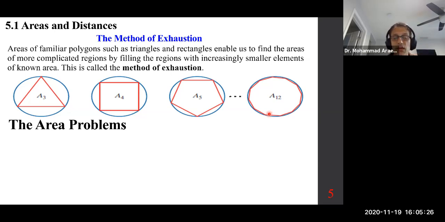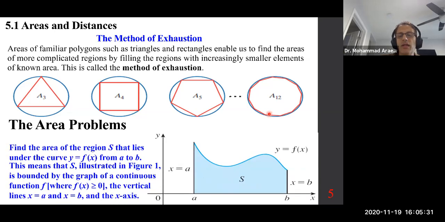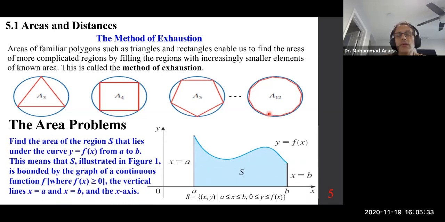We use the same thing for the area under the curve. If we have a geometric shape, we can use a geometric formula. If we don't, then how do we calculate the area under the curve? We use this method of exhaustion. Let me quickly show you an example.